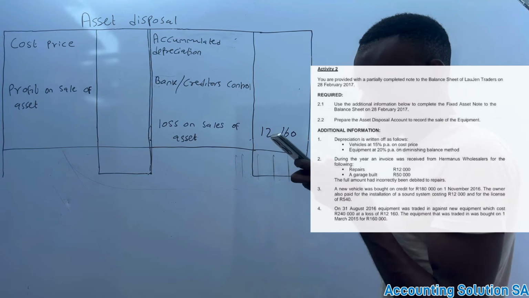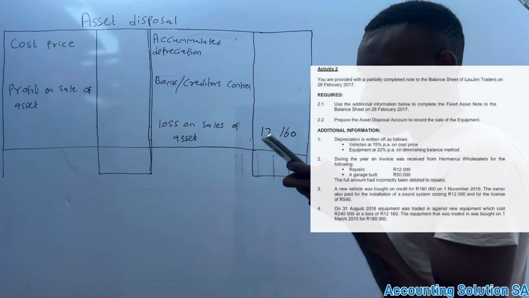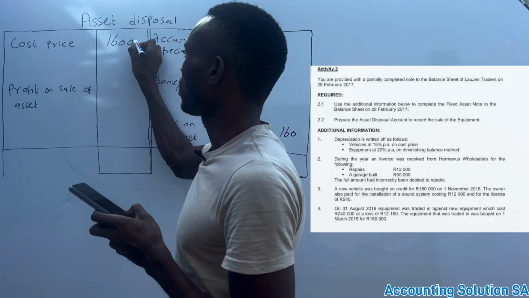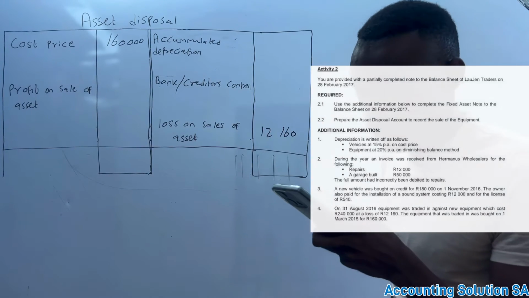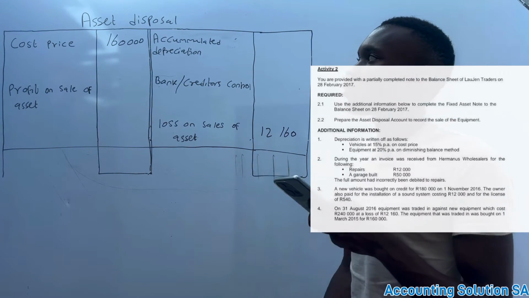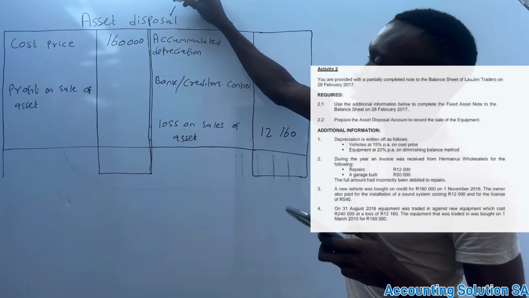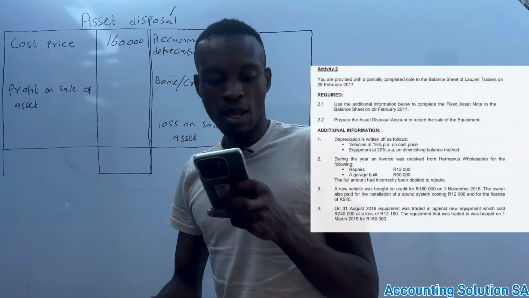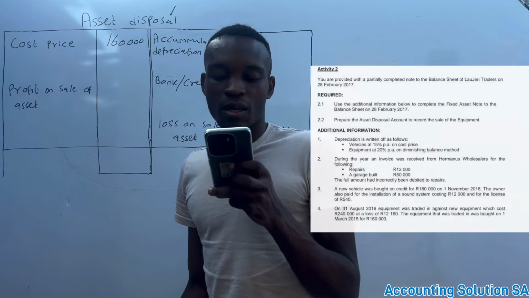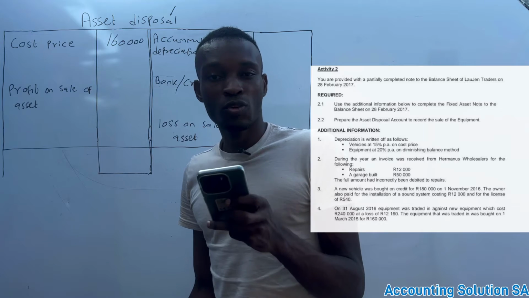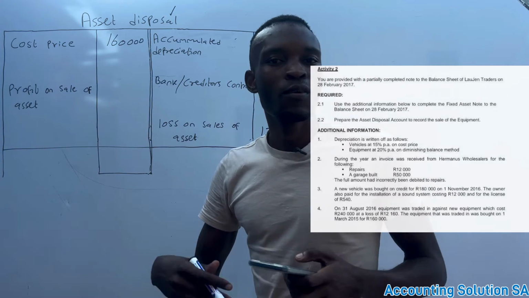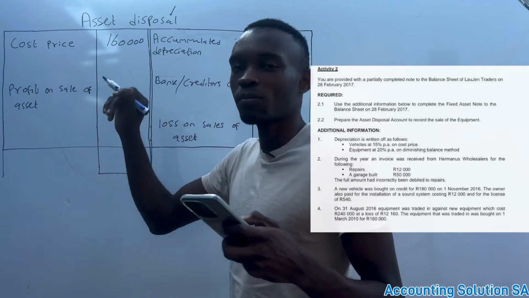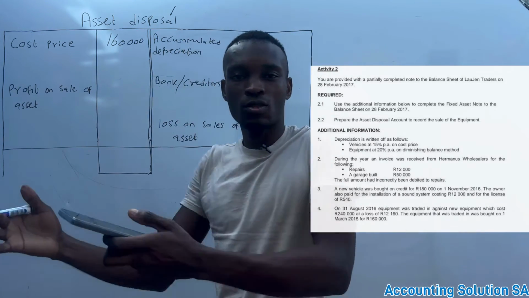And they said this equipment was bought on 1 March for an amount of 160,000. This is the original cost price of the equipment that was traded in, that has been sold. Remember, we only record the disposed item. We don't record a new item under assets disposal. As you can see, we've been given a cost price of 240,000, but this cost price is for the new equipment. We don't record it anywhere here. Here we record something that is going outside, not something that is going inside.